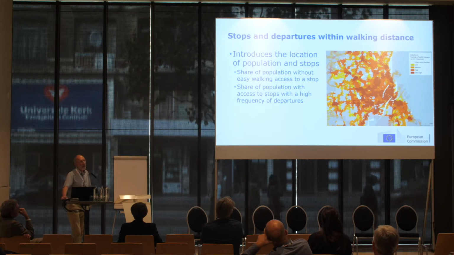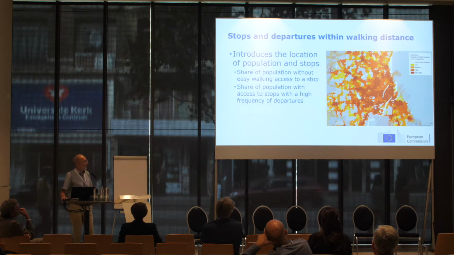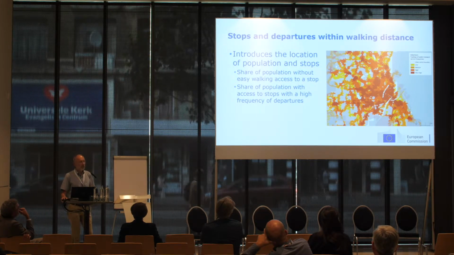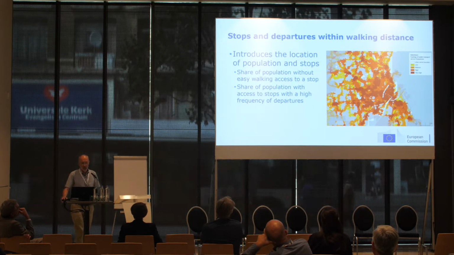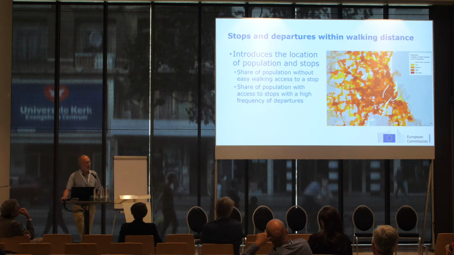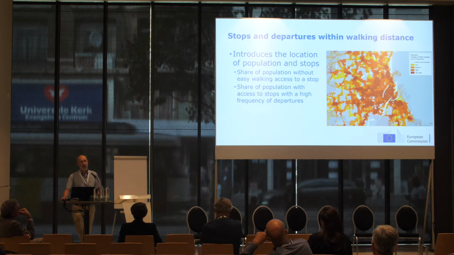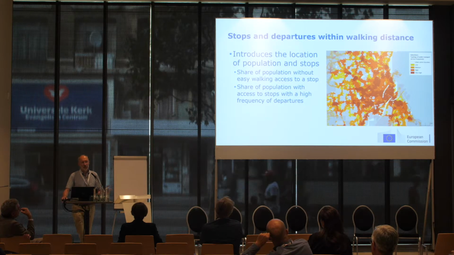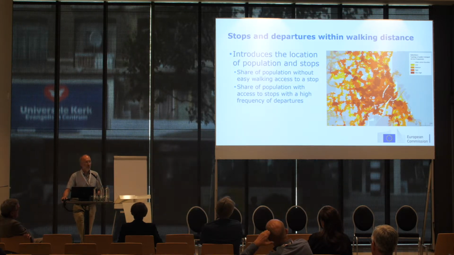So next, we will combine this information with the distribution of population by assessing which part of the population has an easy walking access to the departing services at the stops nearby.